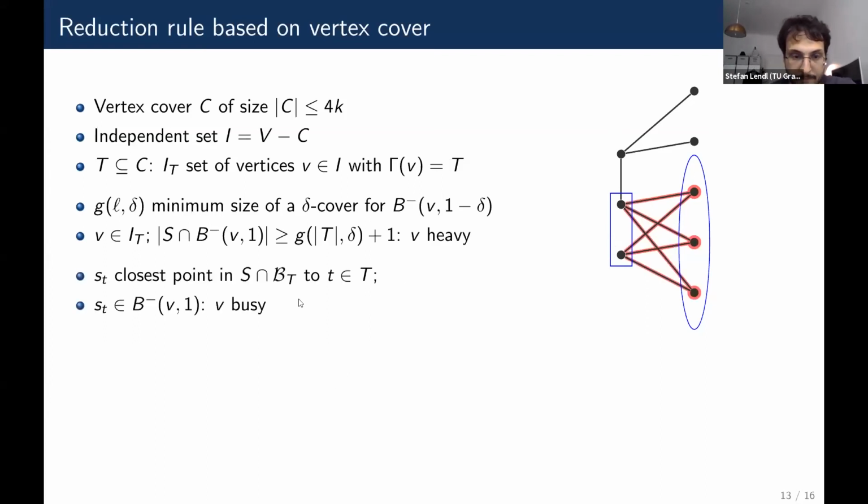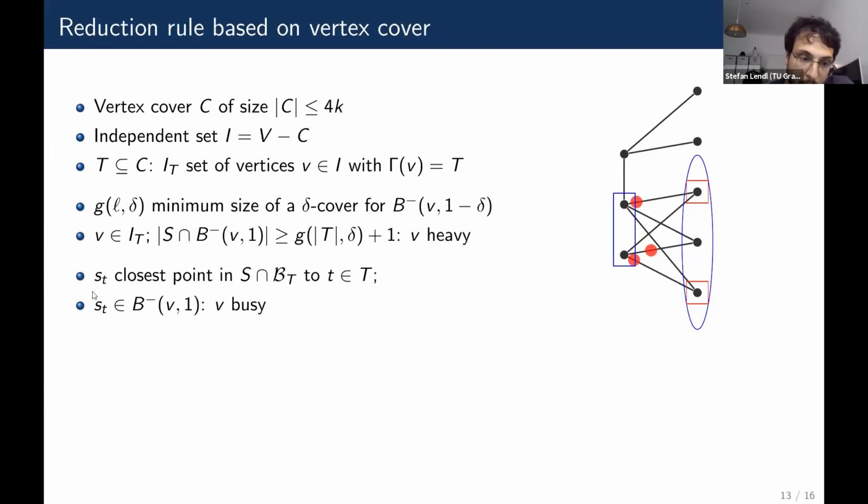In our definition, we define calligraphic B of T as this set that you are shown in red here. So it's basically all the vertices in I of T and the union of all open balls B of V, 1 for all V in I of T. And then we look at the closest point.